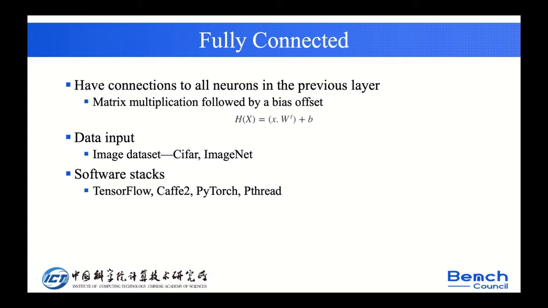Fully connected layer has connections to all neurons in the previous layer. It is a matrix multiplication followed by a bias offset. We also provide input data sets and different implementations.